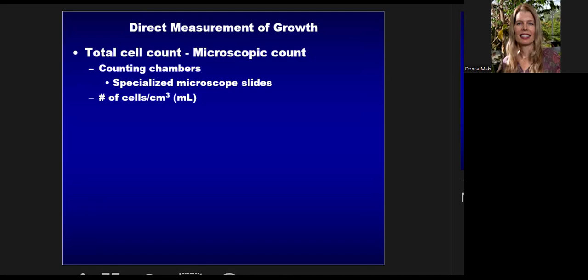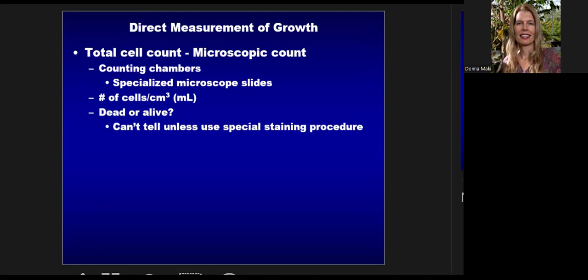And so you can count how many cells per milliliter of sample that you put onto that slide. Problem is, unless you do some very special staining in this process, you can't tell if they're dead or alive. So if you want to know that information, this isn't the best way to do that.